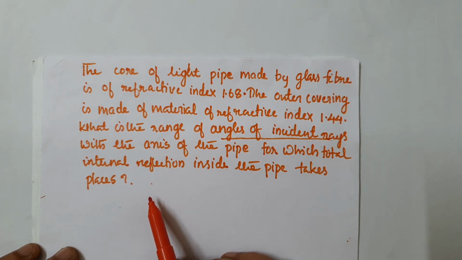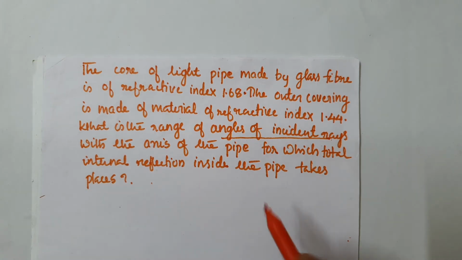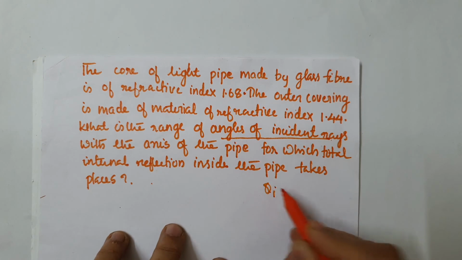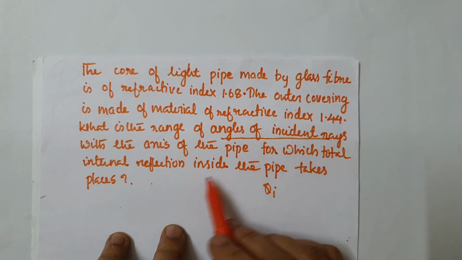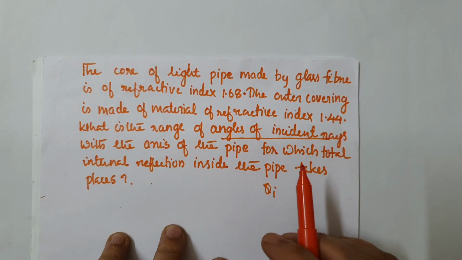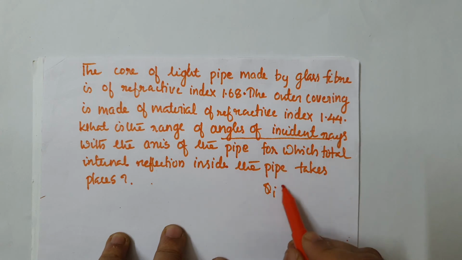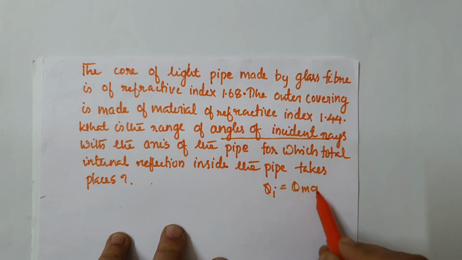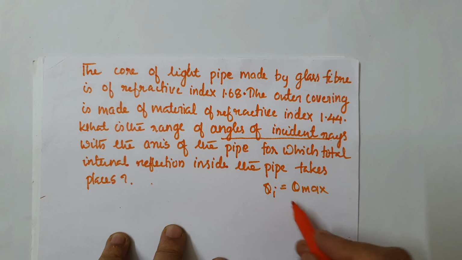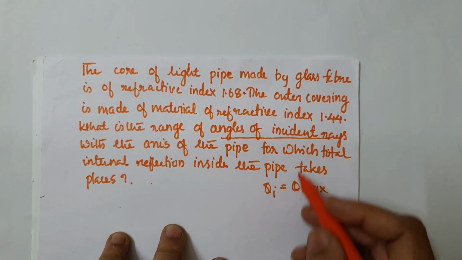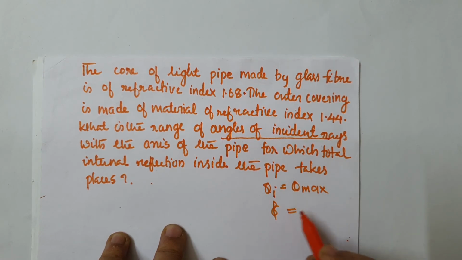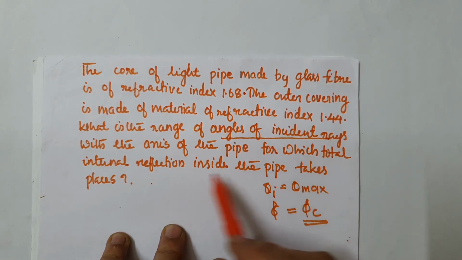We have studied the condition for the angle of incidence, theta I, at which the total internal reflection takes place at the core cladding boundary, and that theta I is called the theta max. When theta is equal to theta max, the angle of incidence at the core cladding boundary will be at least phi is equal to phi c. Then only the total internal reflection takes place.